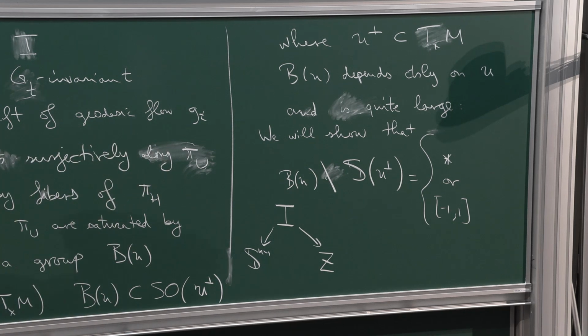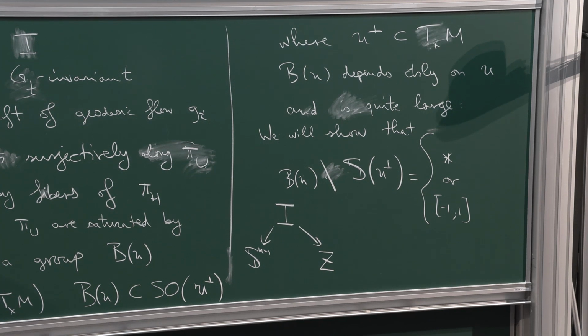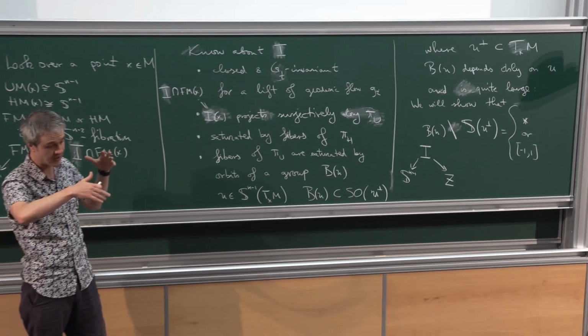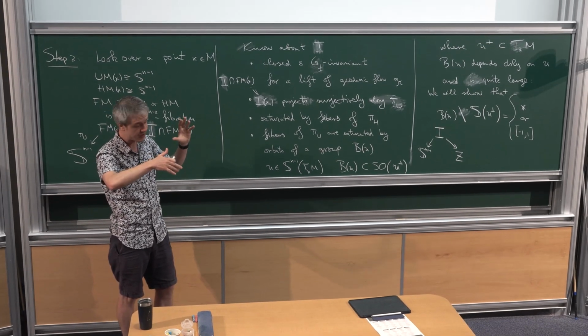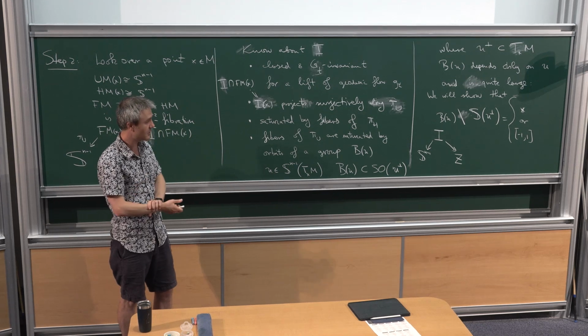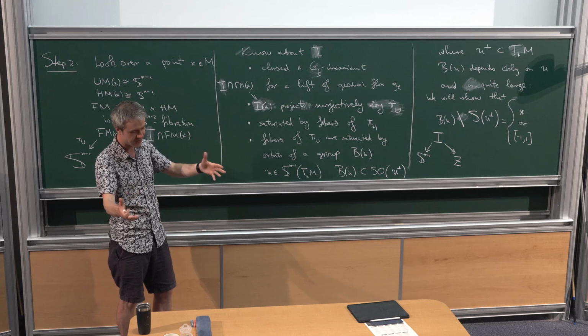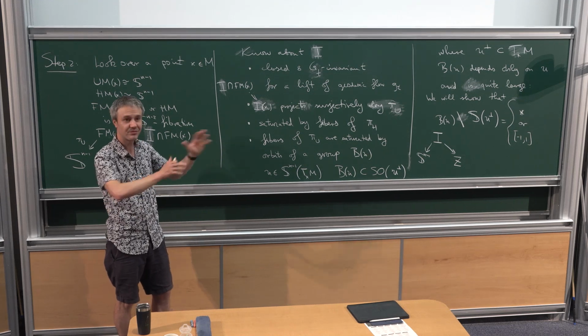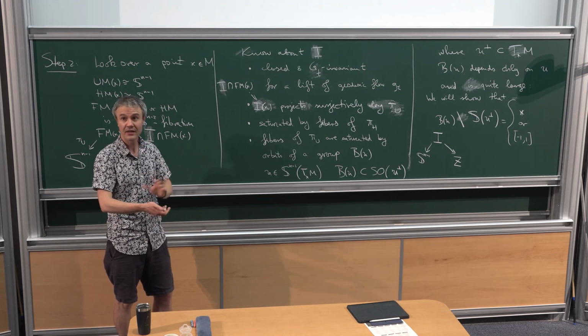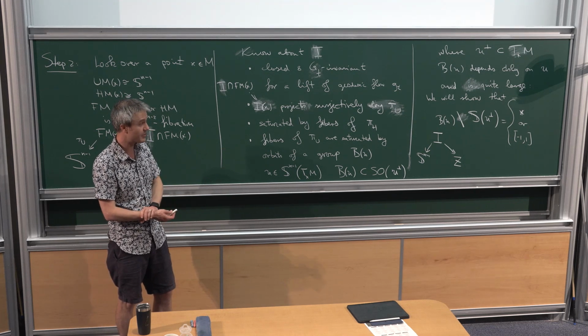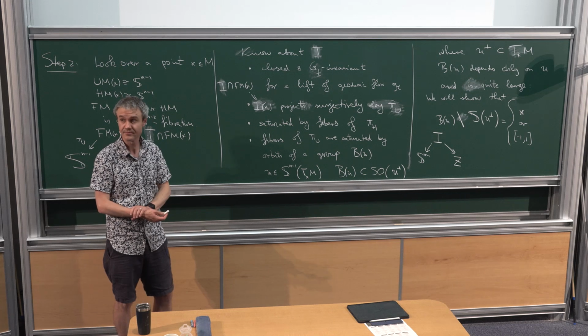So you have this subset in each fiber, which on the one hand is saturated by the fibers of one fibration, and on the other hand, along the other fibration, it's almost saturated by the fibers. You just start with one point, you project, you get a lot of points, and then you keep doing some incidence games, and eventually you reach the conclusion that the only way this can happen is that I is the whole set.